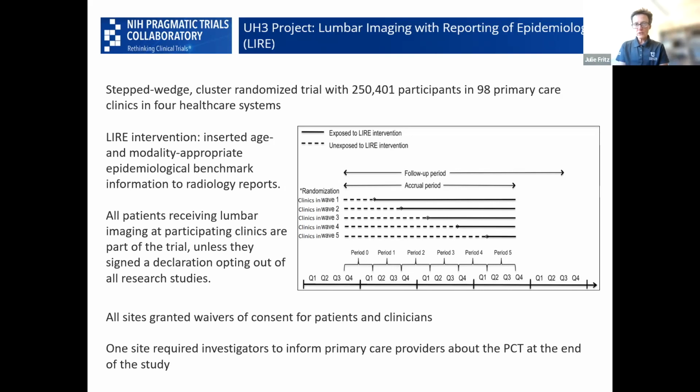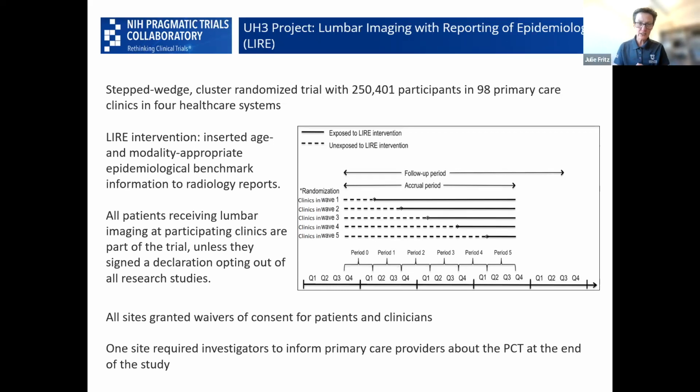So once a clinic was brought on board to the trial, all patients who got lumbar imaging at the clinic got this report. So, are the providers in that clinic able to opt out? Do they have to provide consent? Do the patients have to provide consent?